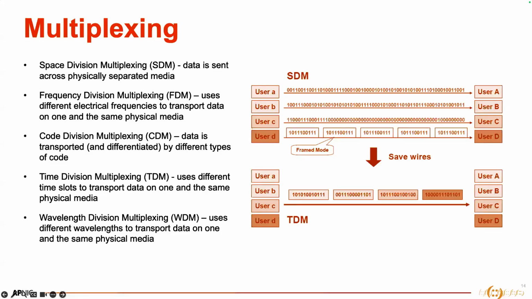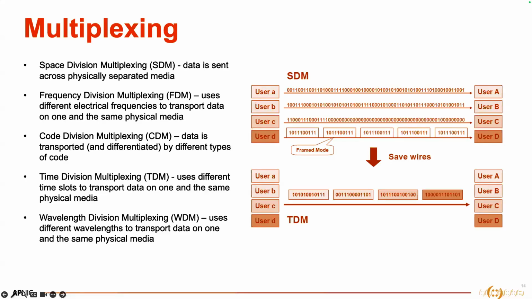So if we go back to our early days or basics, there are a couple of multiplexing techniques like space division multiplexing, frequency division multiplexing, code division multiplexing, time division multiplexing, and wave division multiplexing. So in space division multiplexing, what happens from source to destination?